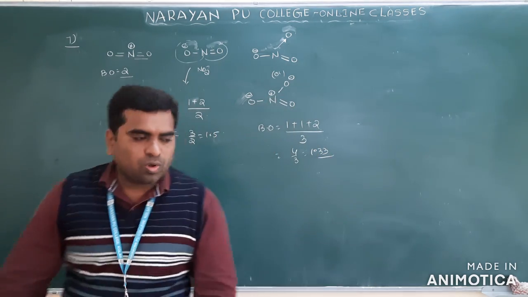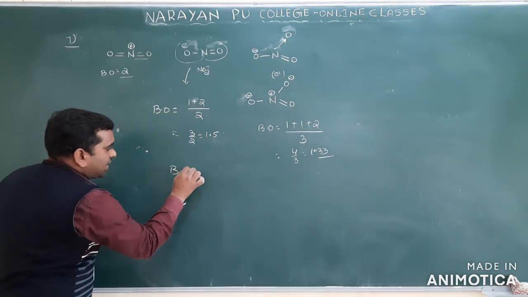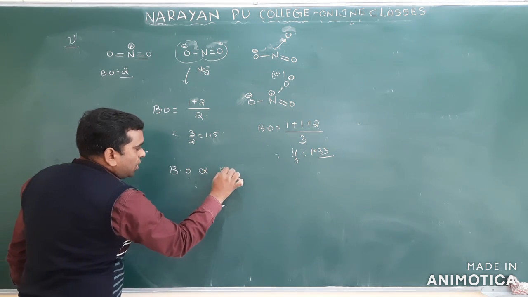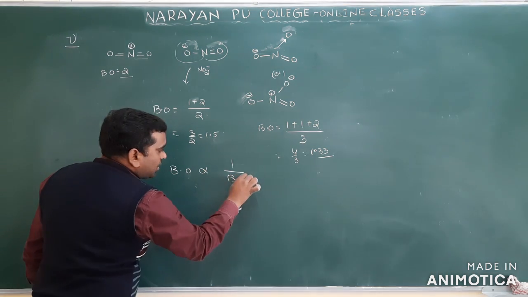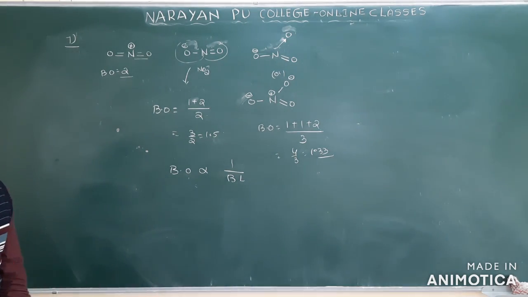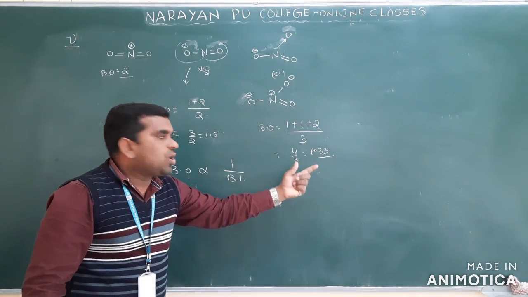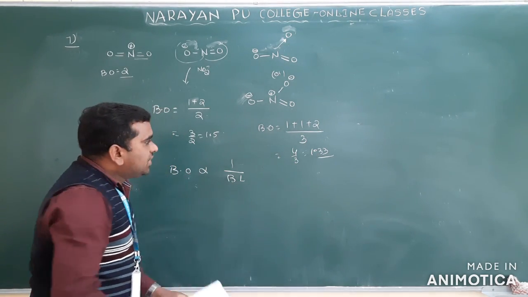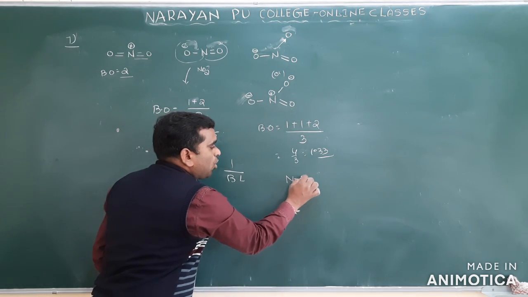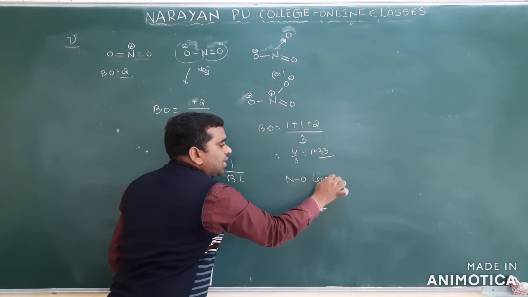Clear? You know that bond order is inversely proportional to bond length. So which one has the lowest bond order here? NO3 minus has the lowest bond order, so its NO bond length will be long.